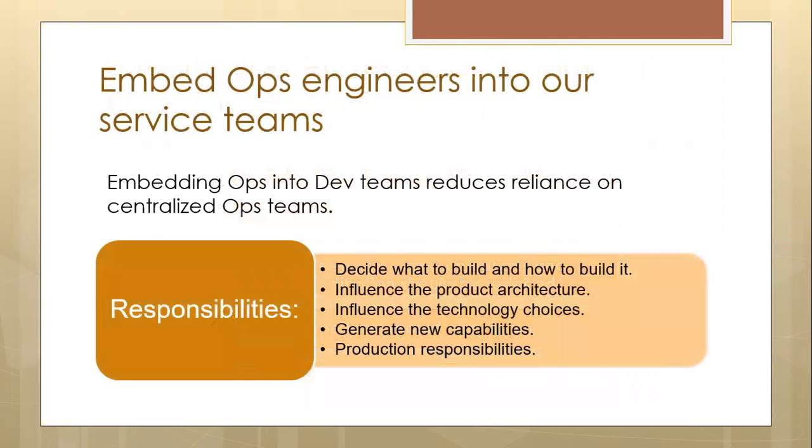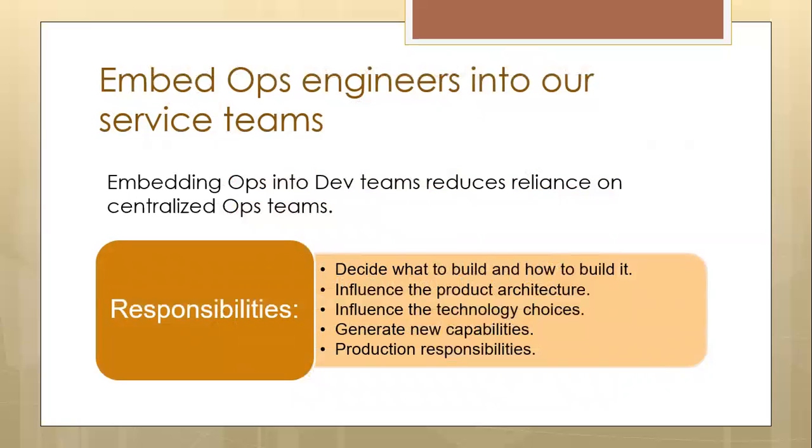Second, we can embed operation engineers into our service teams. This will help to reduce the reliance that we have on the centralized ops teams. These embedded members from the operations teams will have the following responsibilities: decide what to build and how to build it, influence the product architecture, influence the technology choices, generate new capabilities, and we can assign production responsibilities.